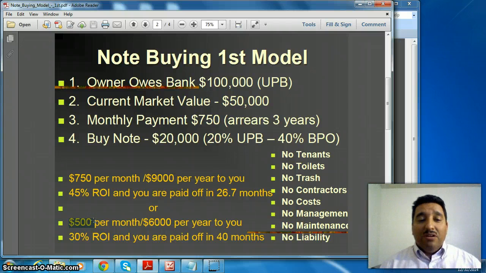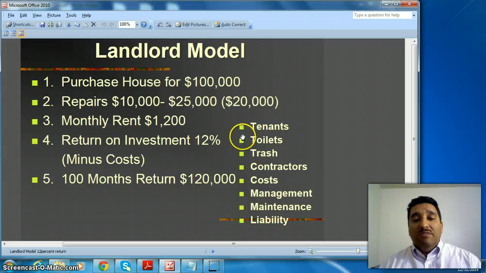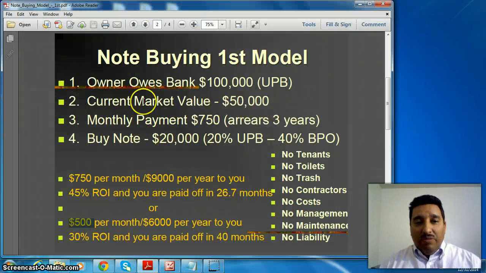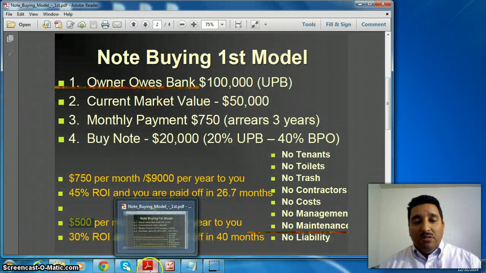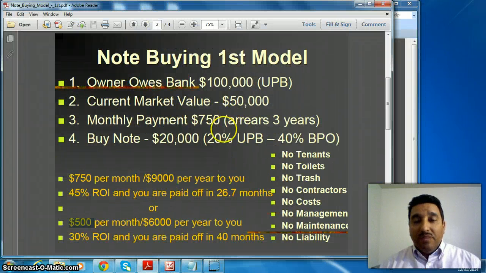Versus $120,000. So 6 times 500, that's $3,000 a month. That outweighs this by huge amounts. So there's the advantage. You see the advantage? The note buying model versus the landlord model. It's pretty good, right?